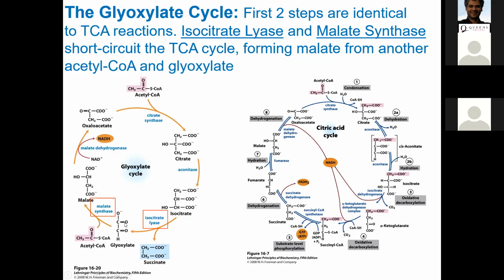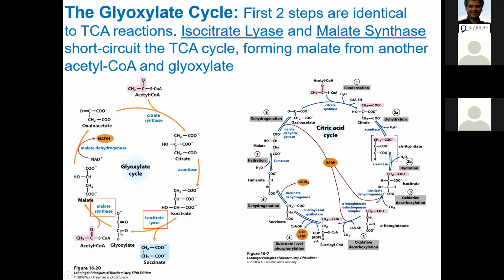Glyoxylate structure is very easy to remember. It's an aldehyde on one carbon and carboxylate on the other carbon. That's glyoxylate. So that's why lyase, if you recall your definition of enzymes: isocitrate is being cleaved into a 2 carbon molecule and a 4 carbon molecule.